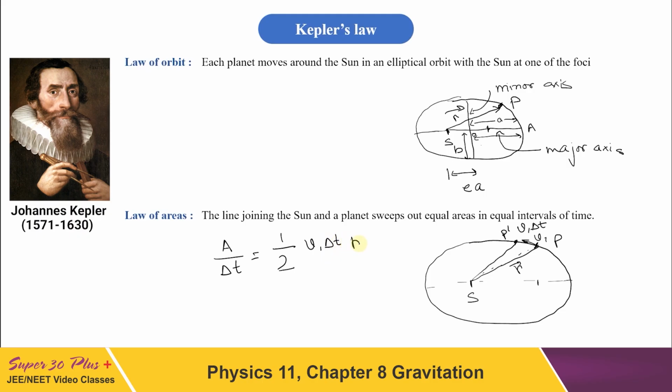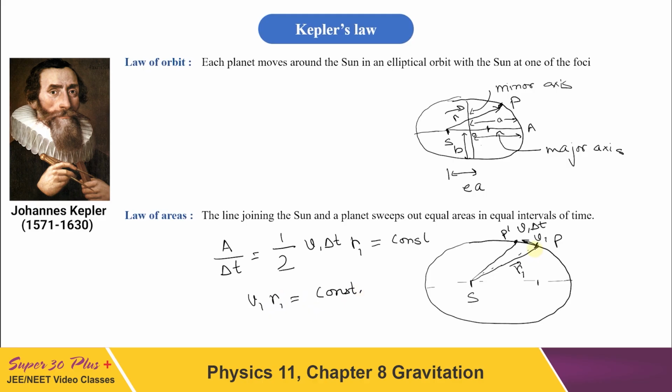So this is the area swept in time delta t, and if this is to be constant, then we can say that v1 r1 is constant, or that v is inversely proportional to r.